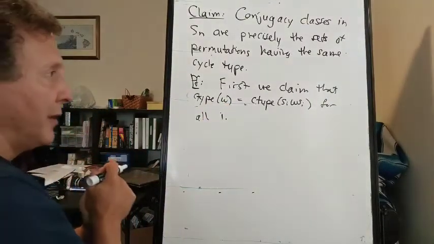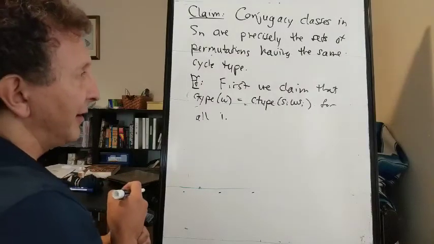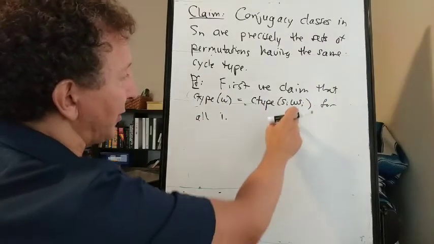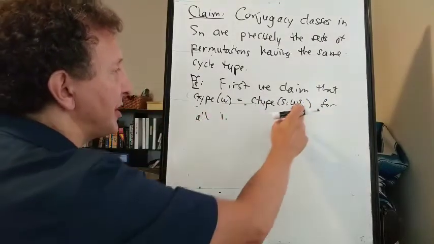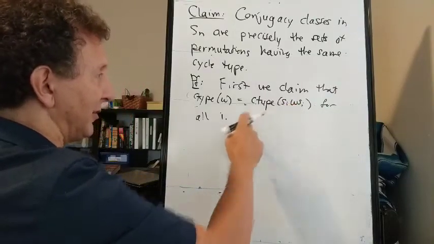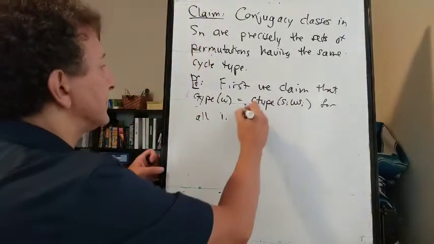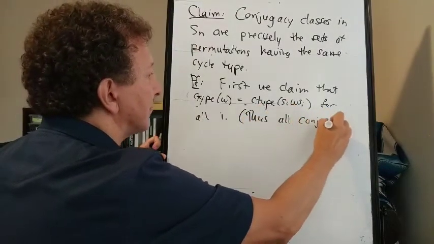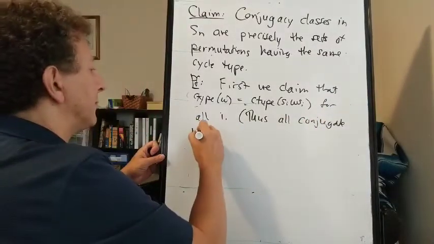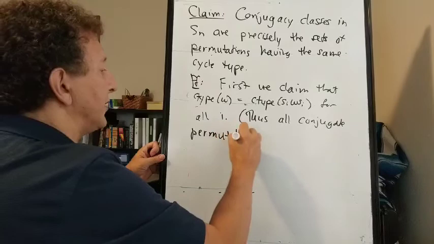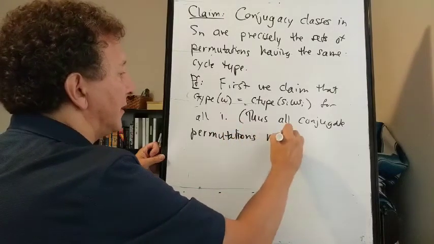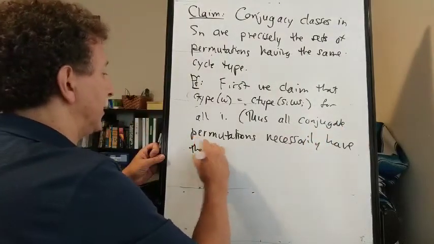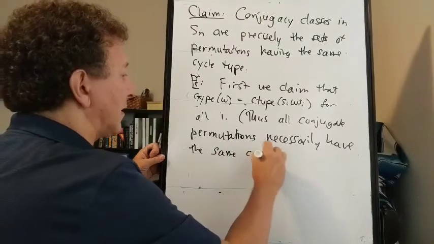So this will show that if any two permutations are conjugate, then they have to have the same cycle type, because one permutation is going to be the other times a product of generators on the right, and then the opposite product of generators on the left. So all conjugate permutations necessarily have the same cycle type.